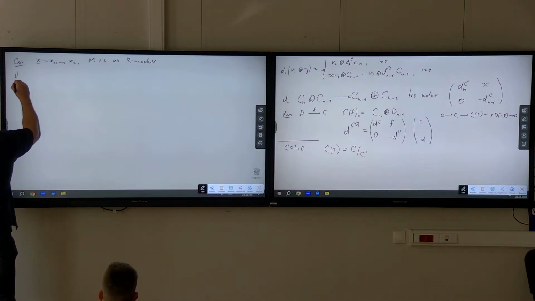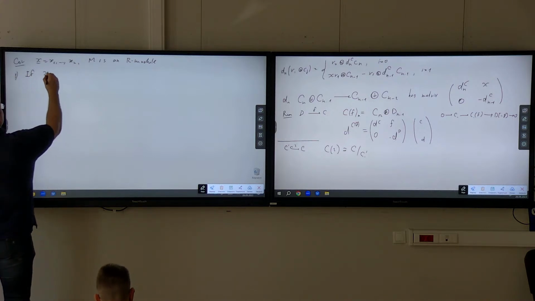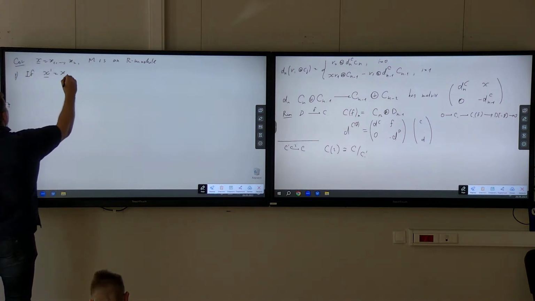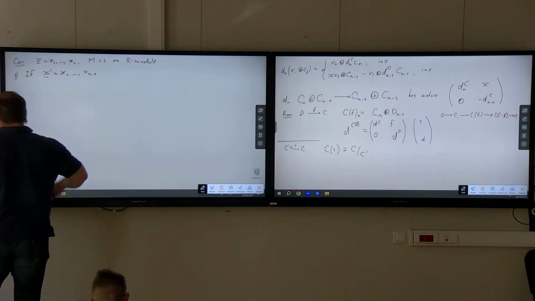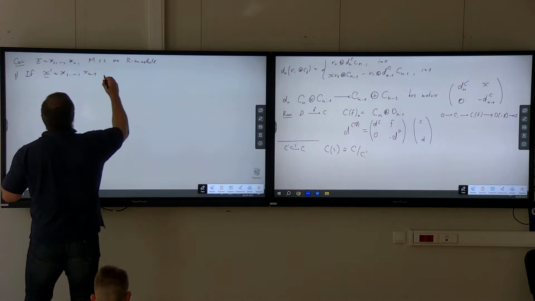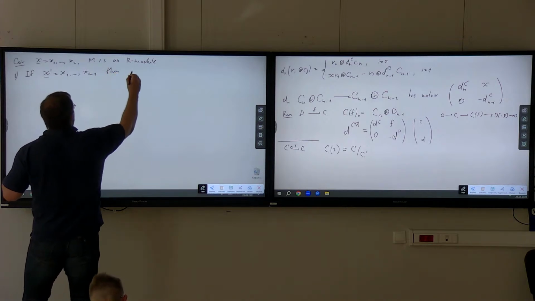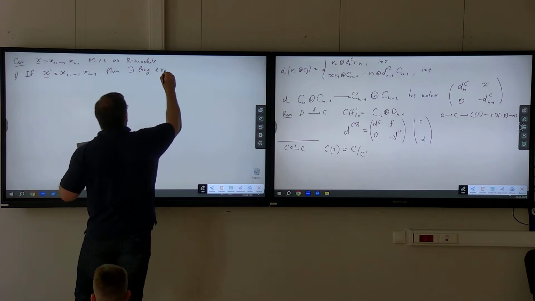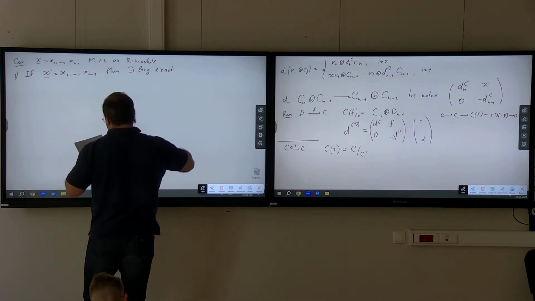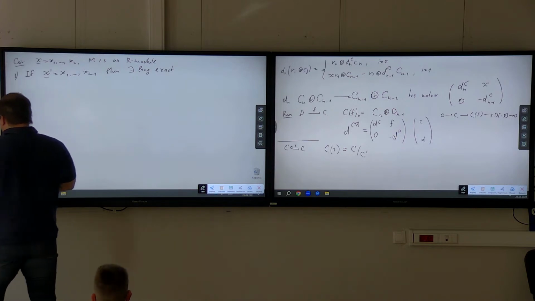So first, if we consider a sequence x prime, which has all the elements but the last one, then there is a long exact sequence of the Koszul homology.